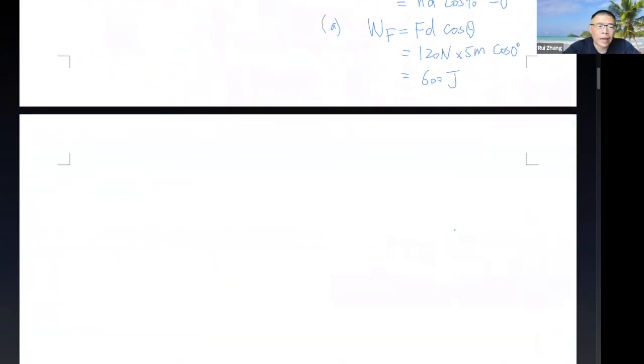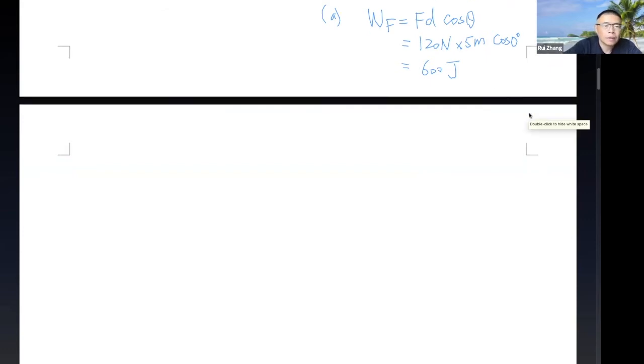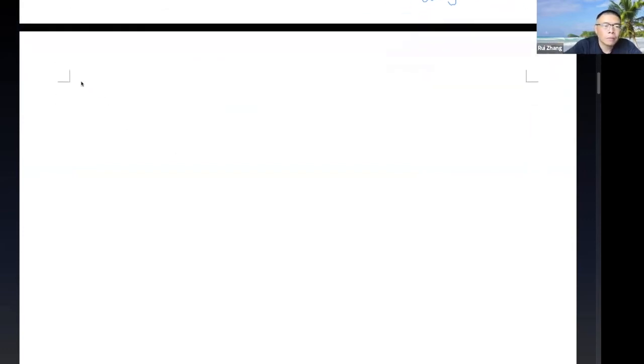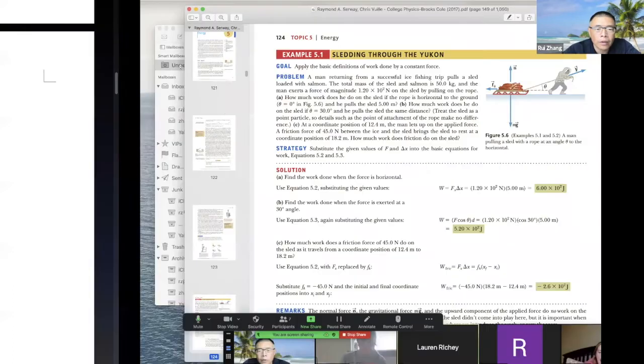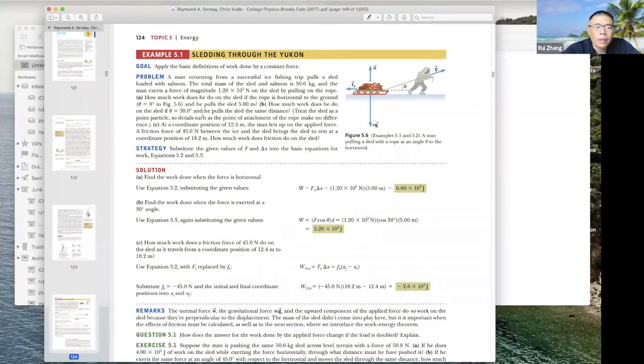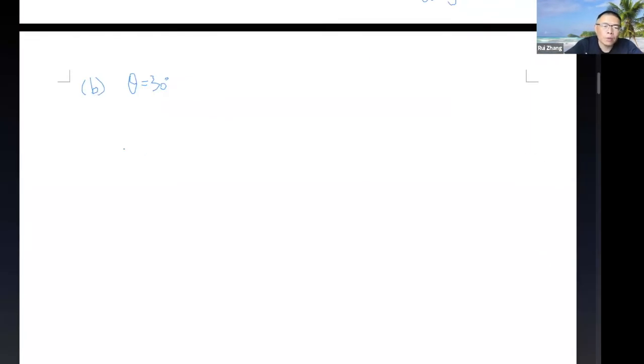Now in the second case, you have a very similar situation, but in part B the angle is not 0 degree, but 30 degree. Let me double check, 30 degree, yes. And the formula is the same. Work equal to force times distance times cosine 30 degree.